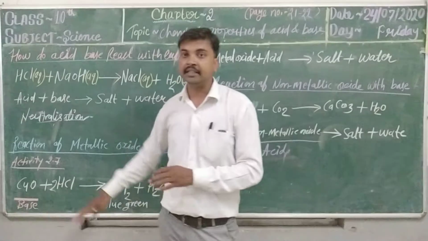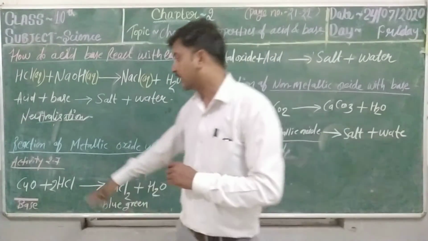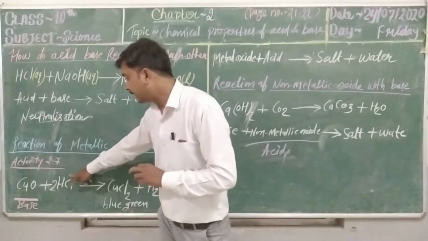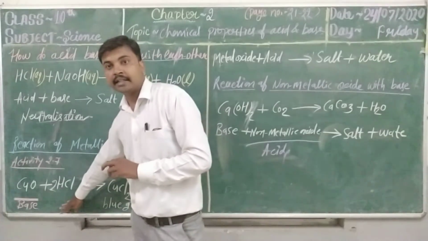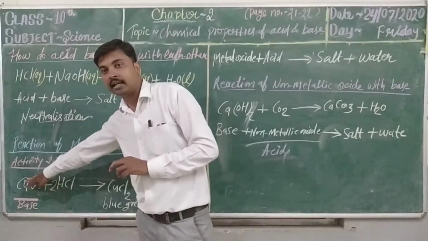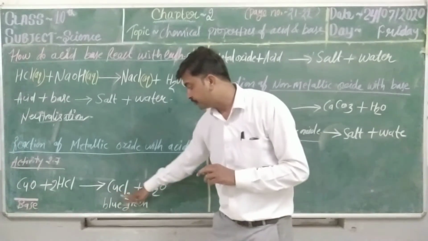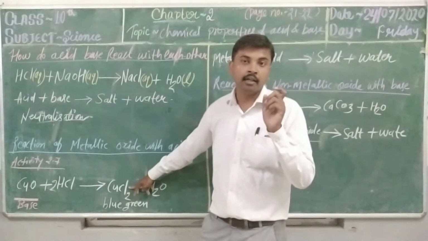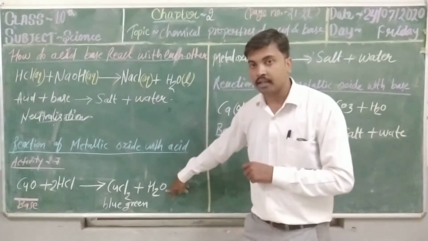In this activity we take a metallic oxide, here we take copper oxide, and it reacts with HCl. After the reaction of acid and metallic oxide, what is the product? CuCl2. CuCl2 is the salt, copper chloride, and water.